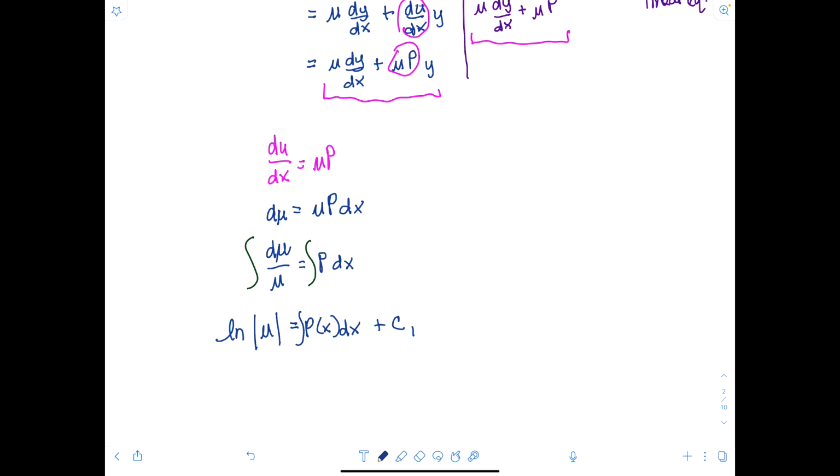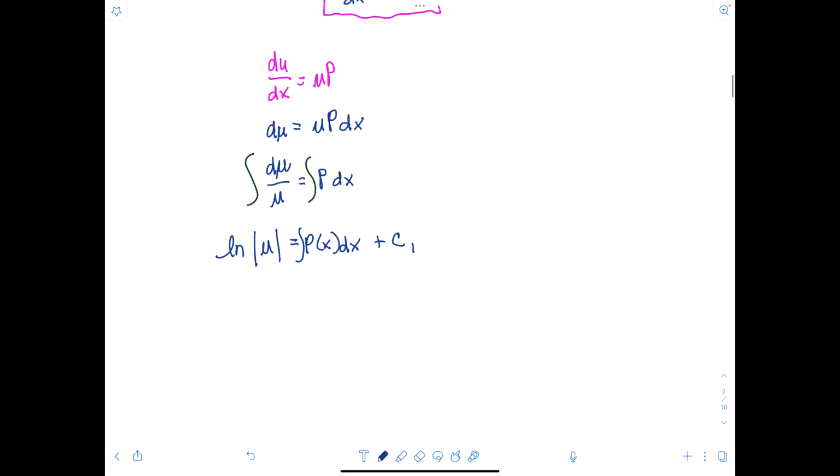Don't worry, you don't have to memorize all this. I'll show you the method soon. Now, to be totally proper, let's write natural log absolute mu at x.